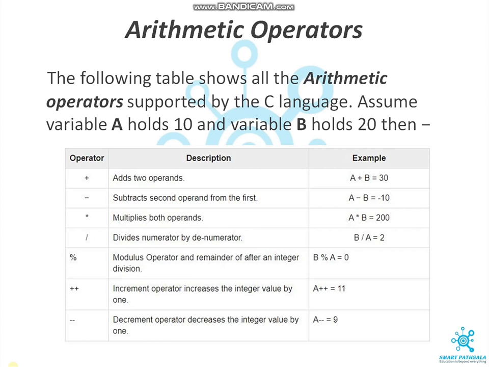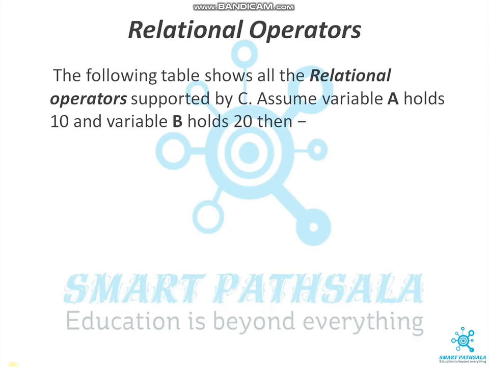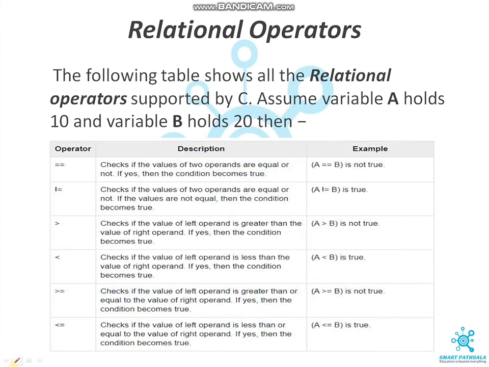Let us see next the relational operators. Now same as well, variable A holds the value 10 and variable B holds the value 20. Now first one is what? Equal and equal to. Now what is this operator?